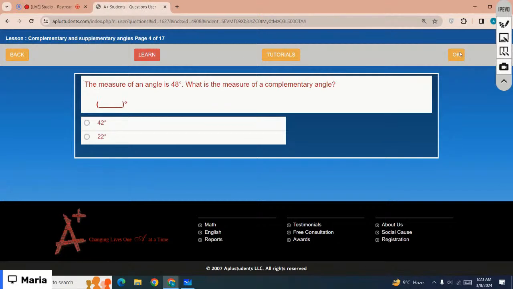What is the measure of the complementary angle? That is 42 degrees, right? Option number 1 is the correct option.